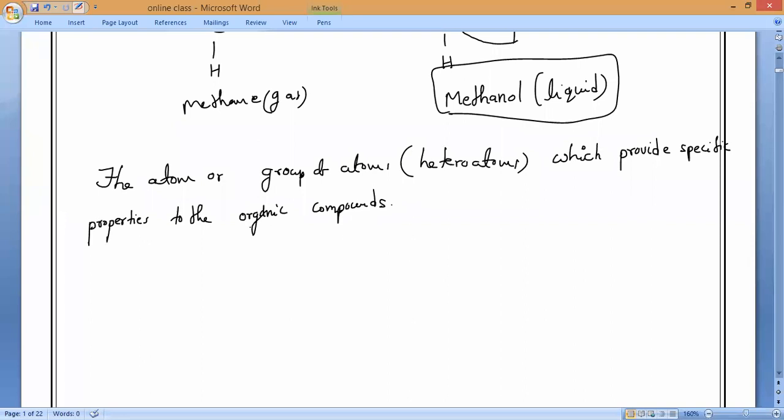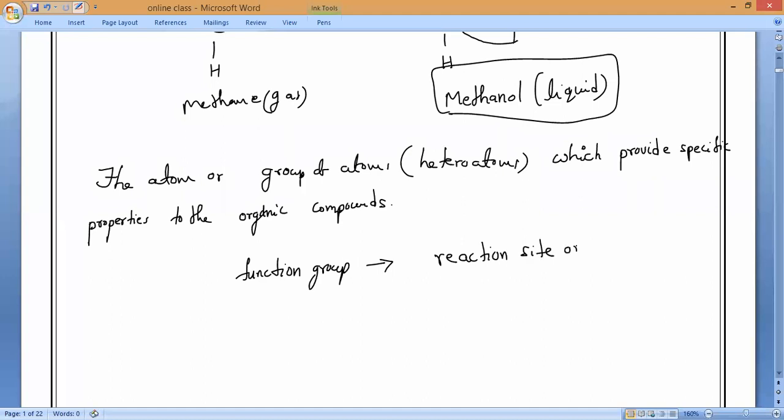Now remember, these functional groups only, I used to say, functional group will completely give different physical properties and chemical properties. So this functional group is what we call the reaction site, where the organic compound reacts, where the chemical reaction takes place.